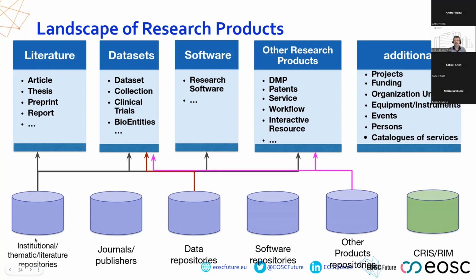And if you can see here the difference, institutional covers literature, data sets, also software and data management plans, patents. Data repositories mostly cover data sets, of course. And if we complete the picture here, then we see that CRIS systems cover all of these things.